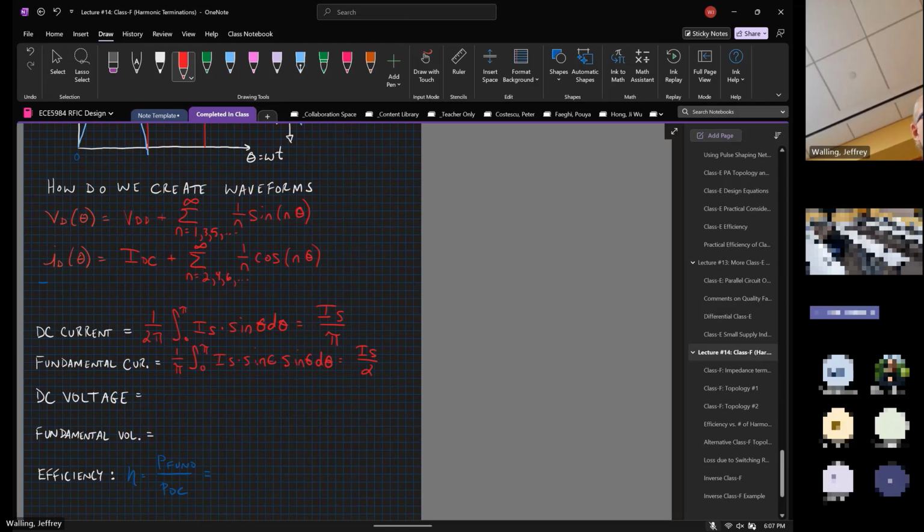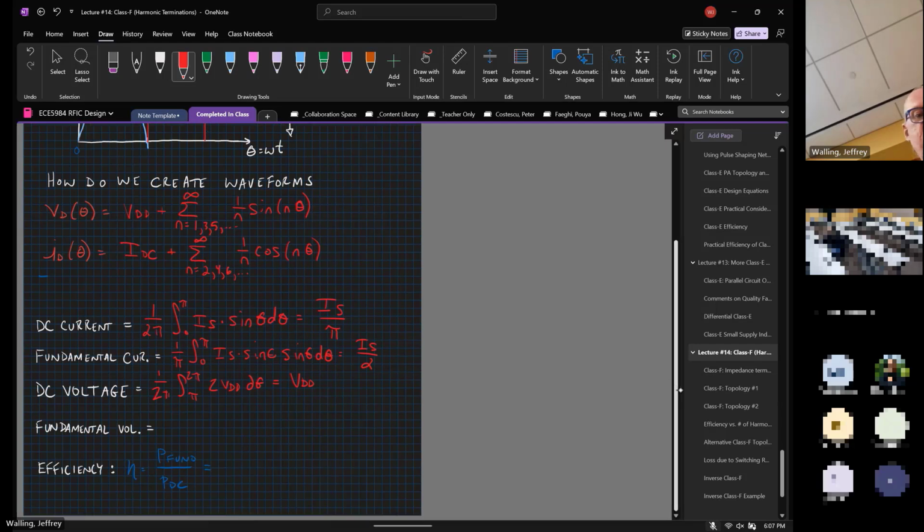The DC voltage, same thing: 1 over 2 pi, integral from pi to 2 pi, since the waveform doesn't exist from 0 to pi, of 2 times VDD times d theta. This is equal to VDD, as we would expect.